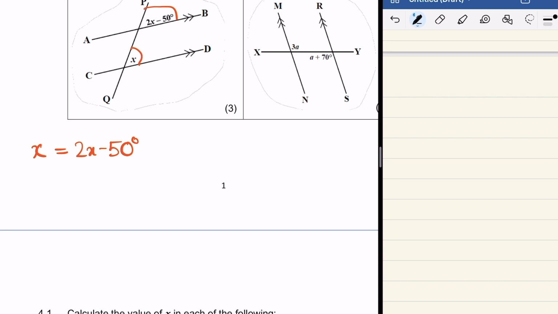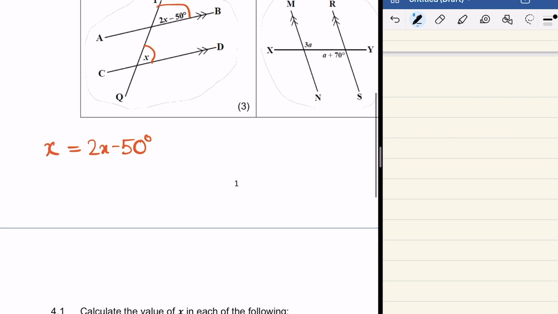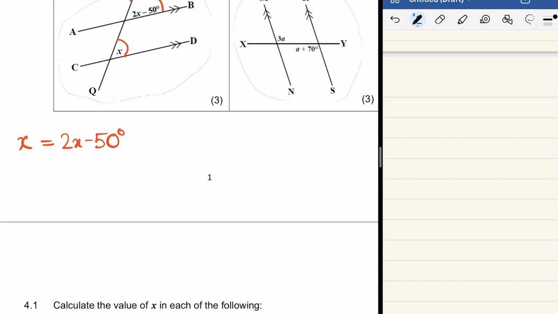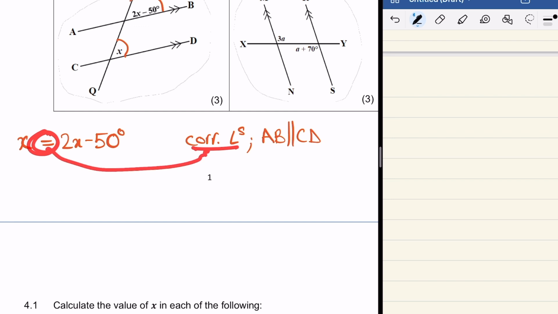So that's my statement, and my reason is corresponding angles, let's just make that for short, because AB is parallel to CD. We need to include this part here, because the reason that the corresponding angles are equal is because AB is parallel to CD.